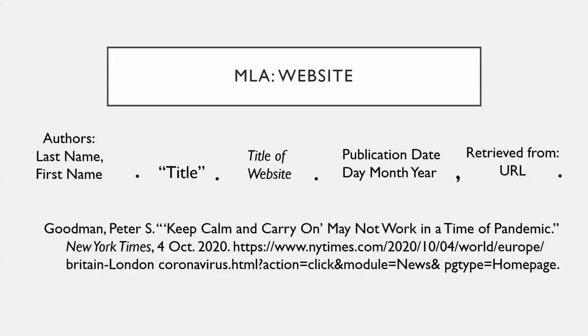Then we have The New York Times, which is italicized, and then we have the date. For October, again, they like to use those date abbreviations, 2020, period, and then you simply have the URL at the end with a retrieved from, which I apparently forgot to put there, but you do have the retrieved from on there, and I will make a note of that.